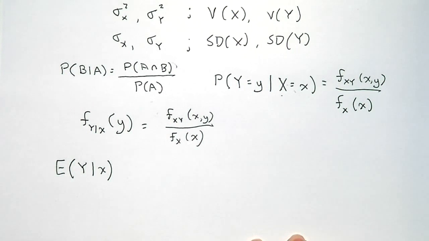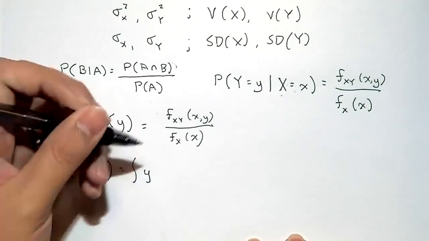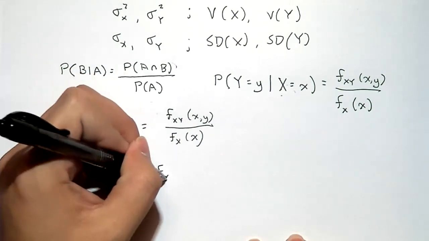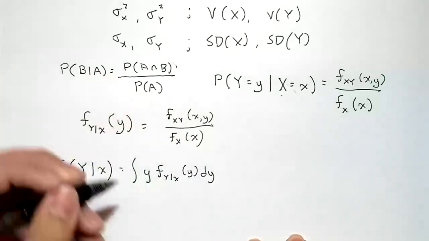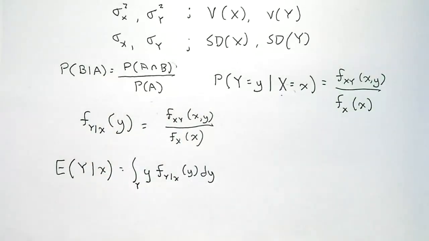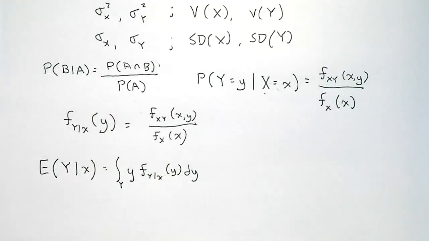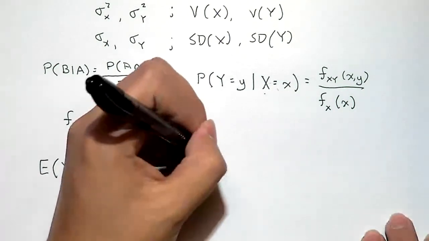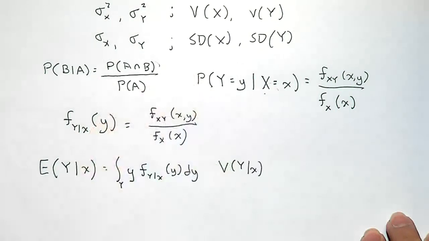That's just the integral of y times my conditional probability of y, integrated across my y space. That's it. We're not really going to use this. This is actually more applicable to continuous probability distributions, so we're not going to use it in class, but I think it's still important to have it somewhere.